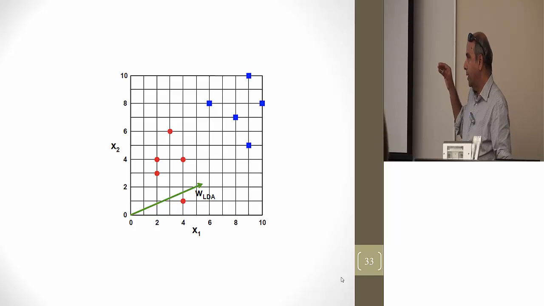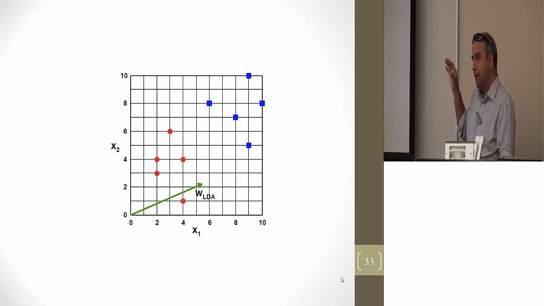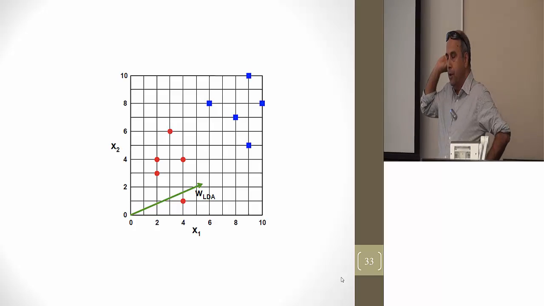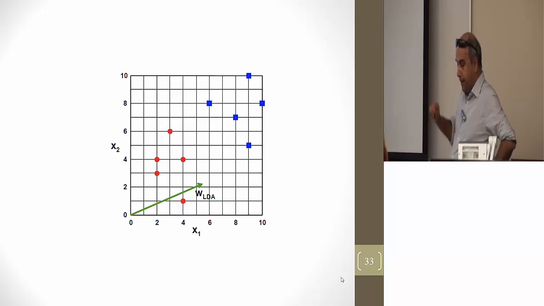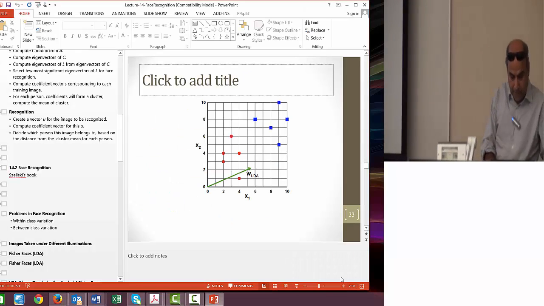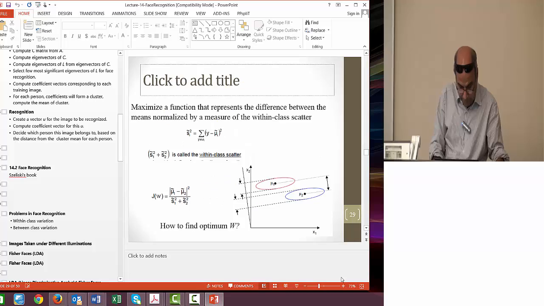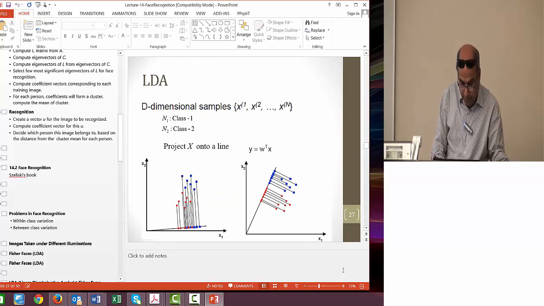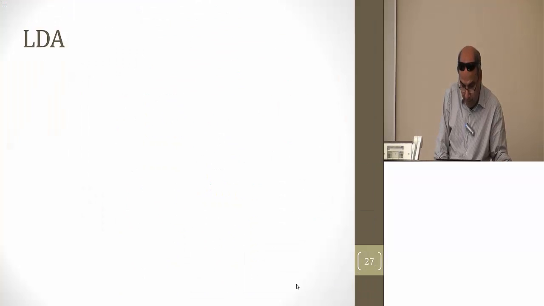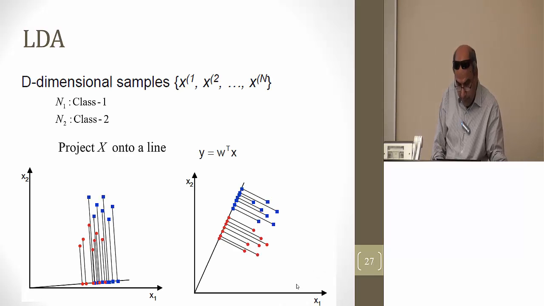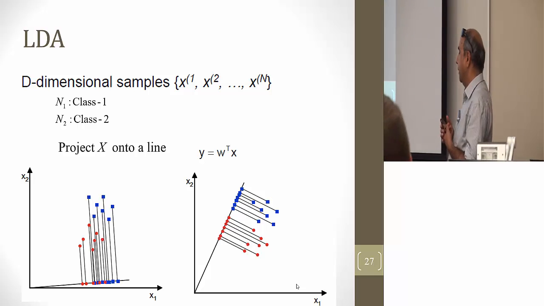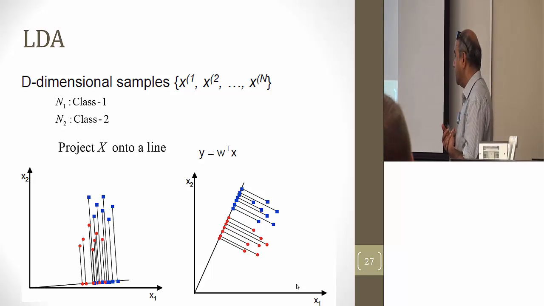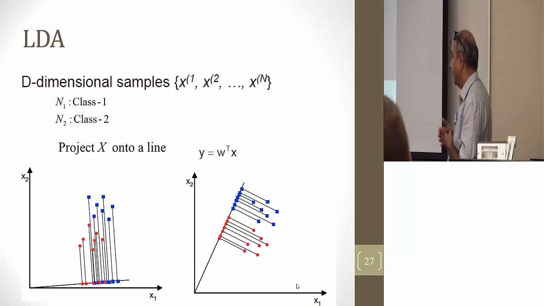Now, one thing you have to understand here is what we are doing: we are going to the right space, and a good example is the first one I showed you. We did this projection onto this linear discriminative vector.